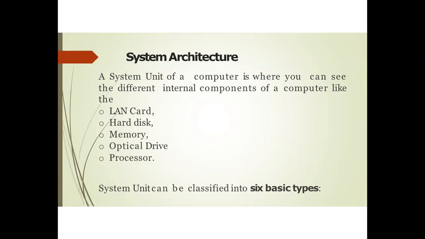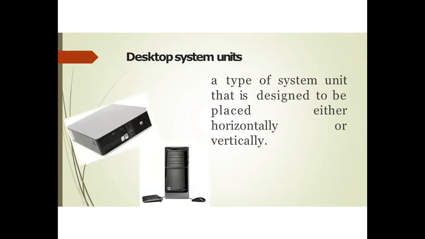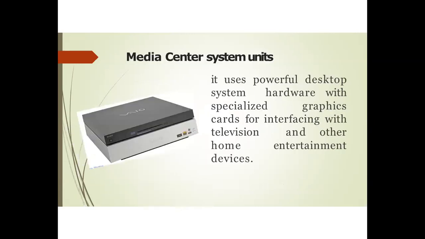So, system unit can be classified into 6 basic types. The first one is the desktop system units. This is a type of system unit that is designed to be placed either horizontally or vertically like this one. Another is the media center system units.